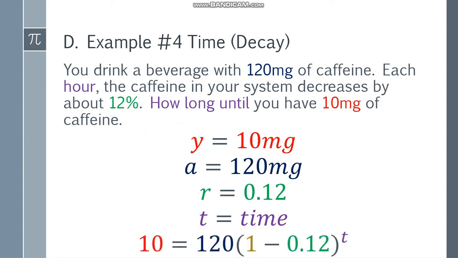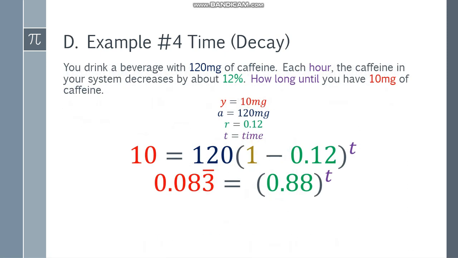So, that will be 10 is equal to 120 times (1 minus 0.12) to the T power. Ngayon, divide both sides by 120 and you will get 0.0833 repeating decimal, 3333 and so on, is equal to, minus mo lang to, 1 minus 0.12 is equal to 0.88 to the T power.